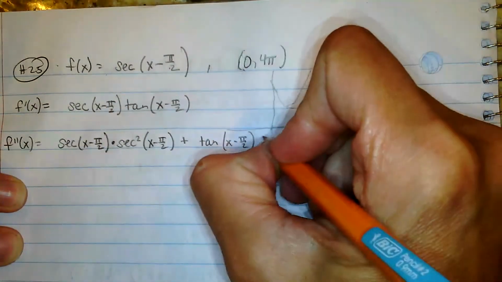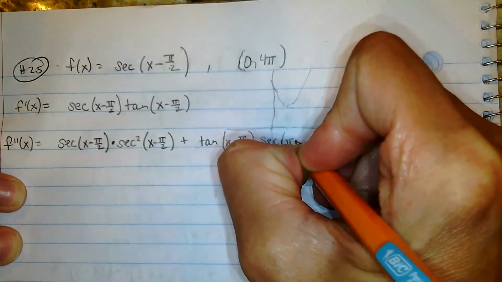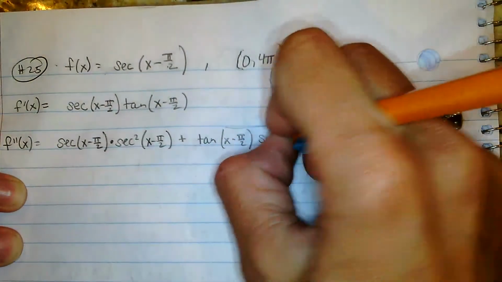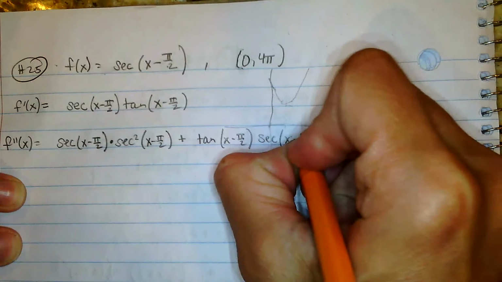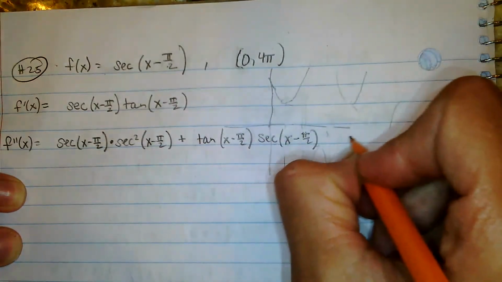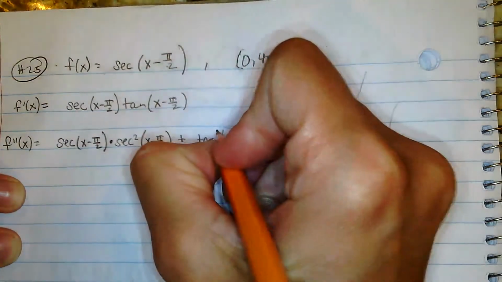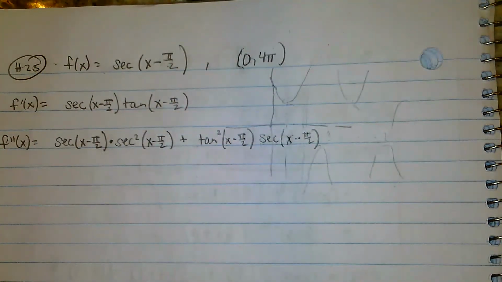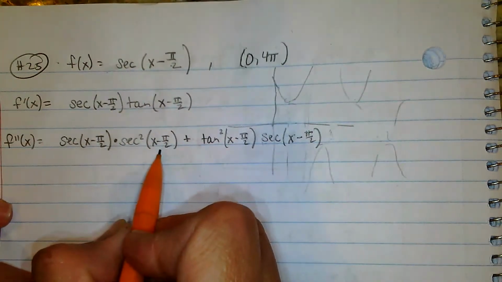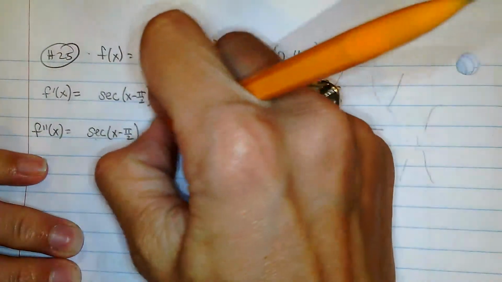The derivative of secant is secant tan, x minus pi over 2. And I could write another tan, because the derivative of the second is secant tan. Rather than writing another tan, I'm just going to square it. And actually on this one, I should have just done a secant cubed: secant times secant squared.